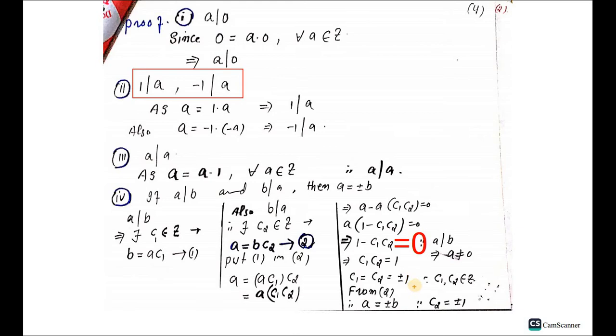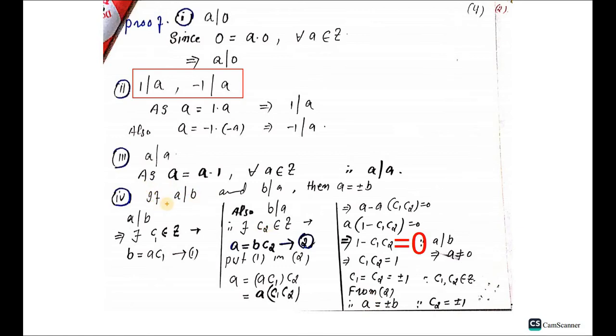So putting the value of c2 plus minus 1 from equation 2, a is equal to b c2. So if we put plus minus for c2, this is the result. This c2 is plus minus 1, so this is the result.